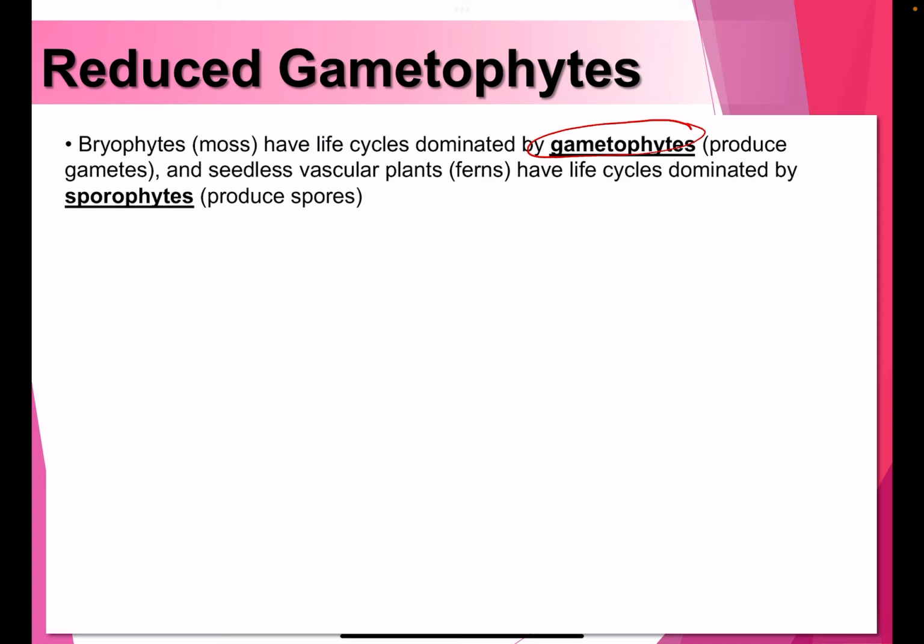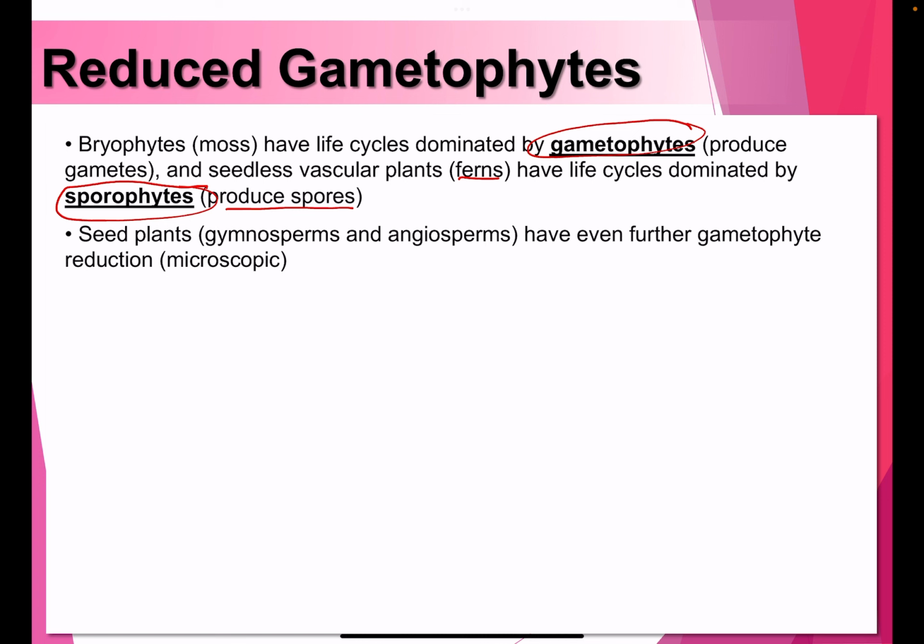And then seedless vascular plants, which were ferns, have life cycles that were dominated by sporophytes, which were organs of the plant that produce spores. Okay, and spores are different from gametes. Now, seed plants, which includes your gymnosperms and angiosperms, have even further gametophyte reduction. Like I said, they have become microscopic.